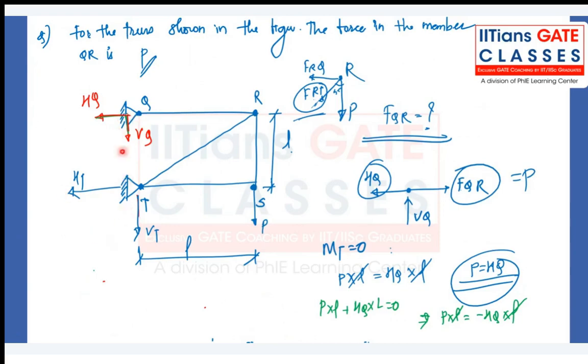If it is in the other direction, again it will create a clockwise moment, so it will not balance out, and ultimately we will get a minus sign and have to correct it again. Is it clear to you all, at least how we have to decide the direction? Is this question clear to you all? Anyone have any doubt?